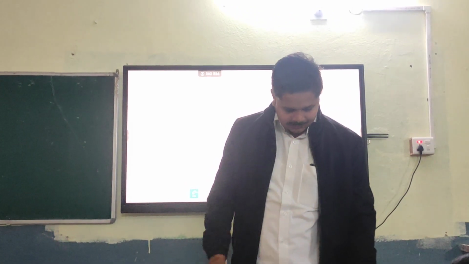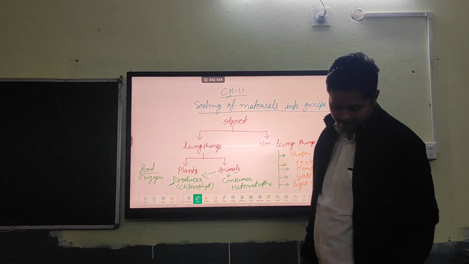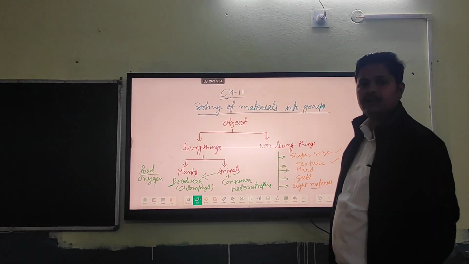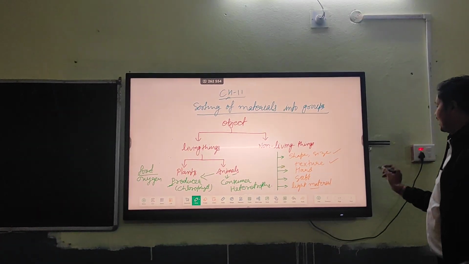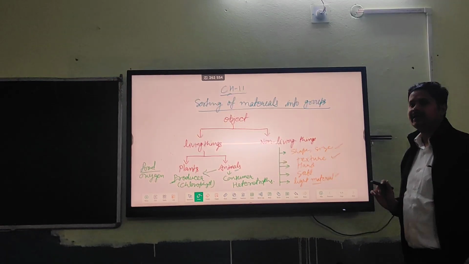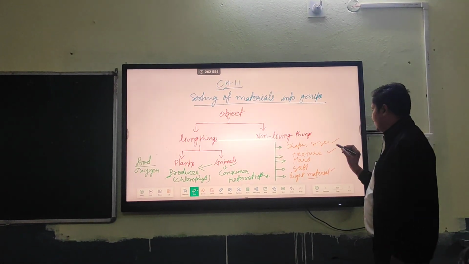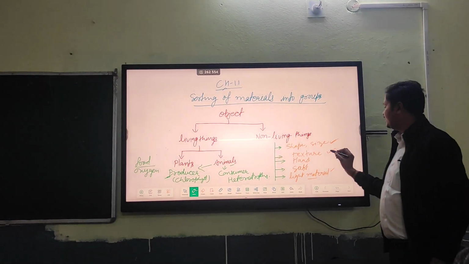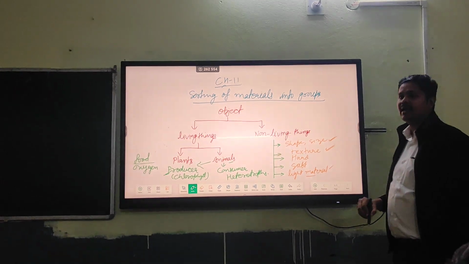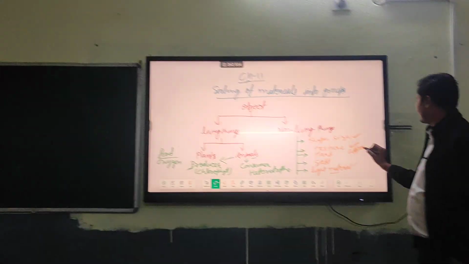Now, why is it necessary? So light material is light in weight, weight is less. And shape and size are different, texture and appearance are different.